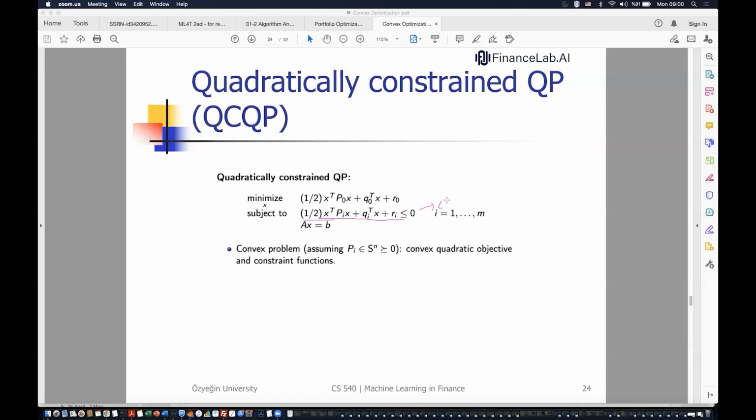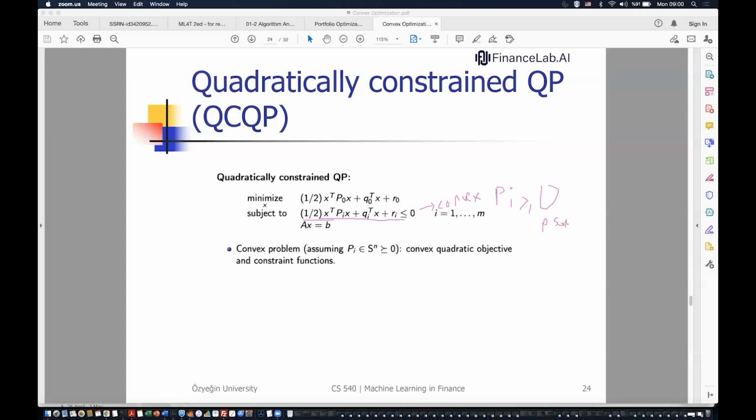In order for this to be convex, the matrix Pi that gives the quadratic property should again be positive semi-definite.